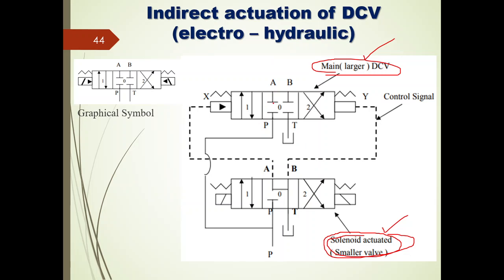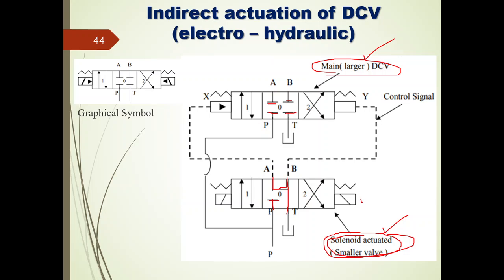This is the 4 by 3 direction control valve, which is of closed center, because in the center position all the ports are blocked, and this is of floating center because A, B as well as T are connected and the pump port is completely blocked, right?